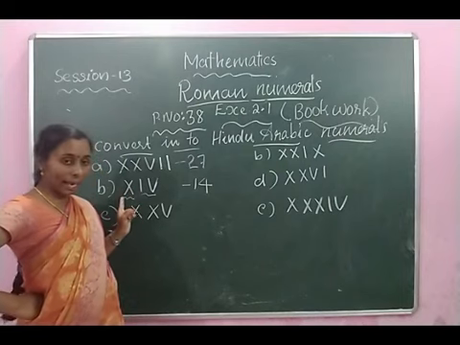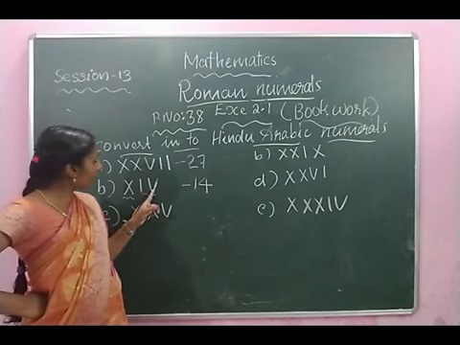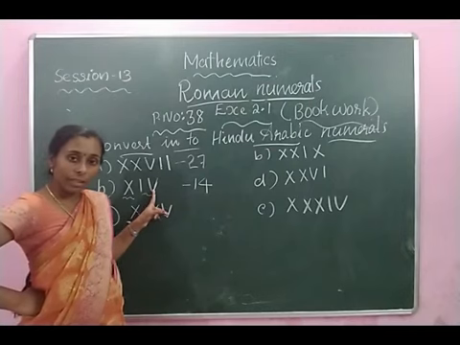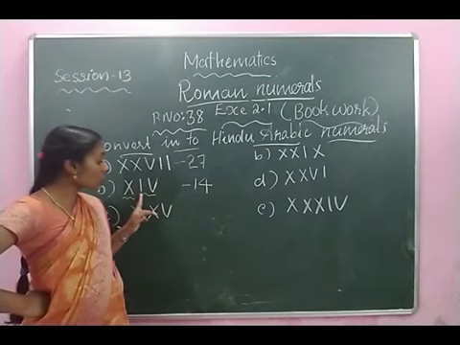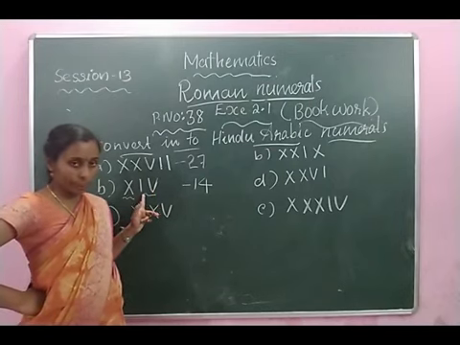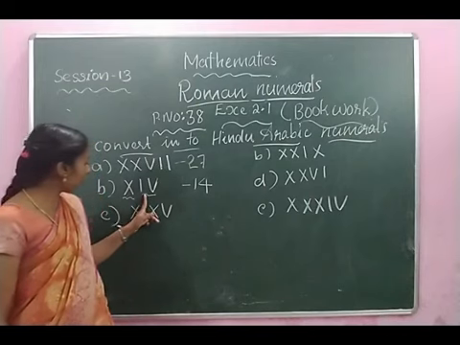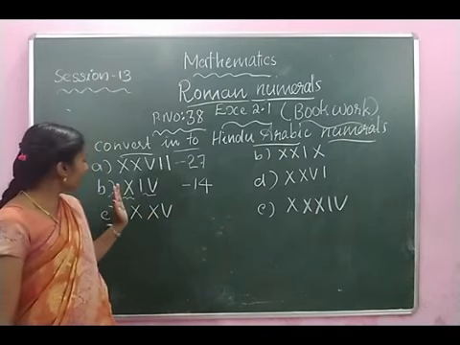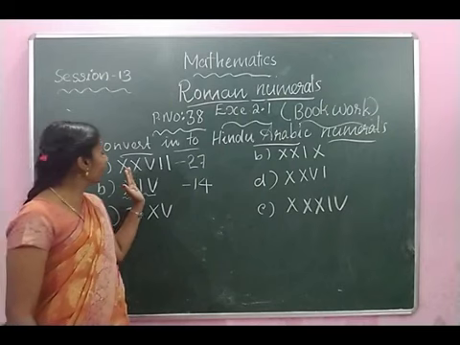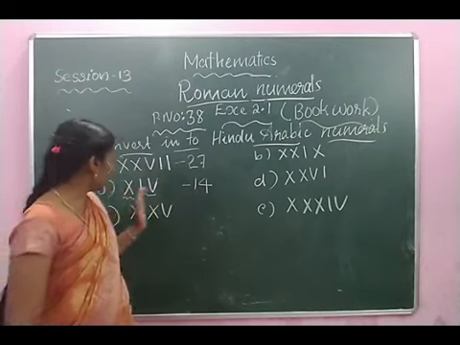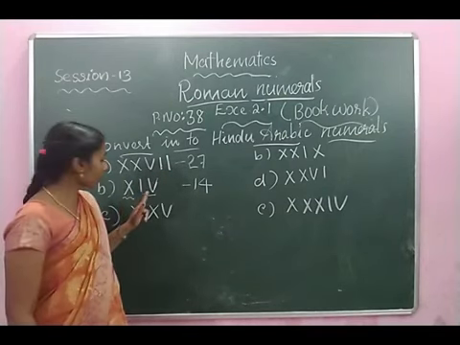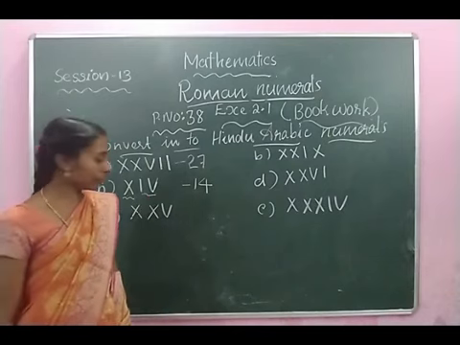X comes before I, so this I we have to subtract from V. 5 minus 1, 4. X means 10. 10 plus 4, 14.